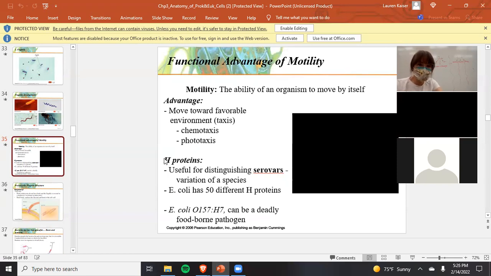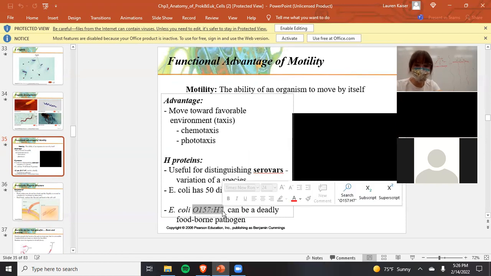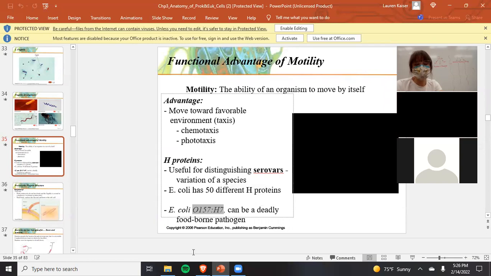So understand H proteins as well. I feel like this is an underlooked thing. H proteins are useful for distinguishing serovars. I'm pretty sure you guys have seen this in a news headline, because this is the strain of E. coli that can specifically give you a food infection or intoxication.